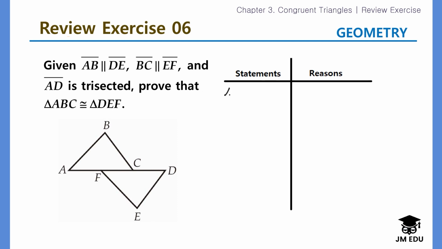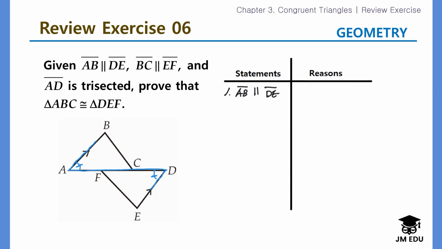First given is side AB is parallel to side DE. So this side right here and this side right here are parallel. If we have two parallel sides and a transversal right here, then look at this blue line here. Do you see that these two angles are congruent? Because they're alternate interior angles, right? So these two angles are equal to each other.